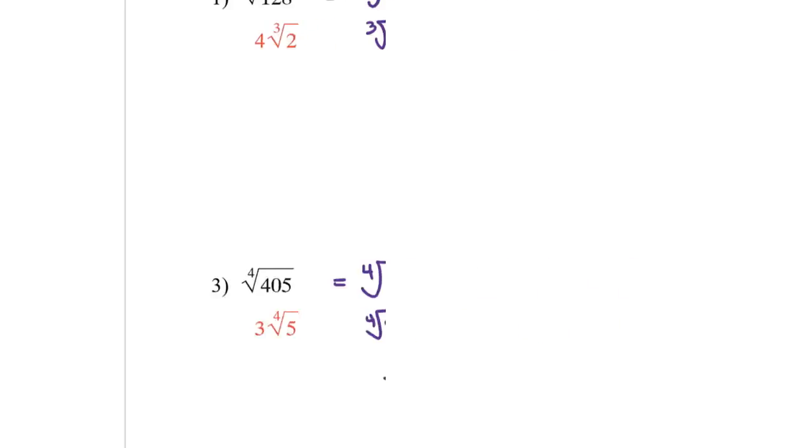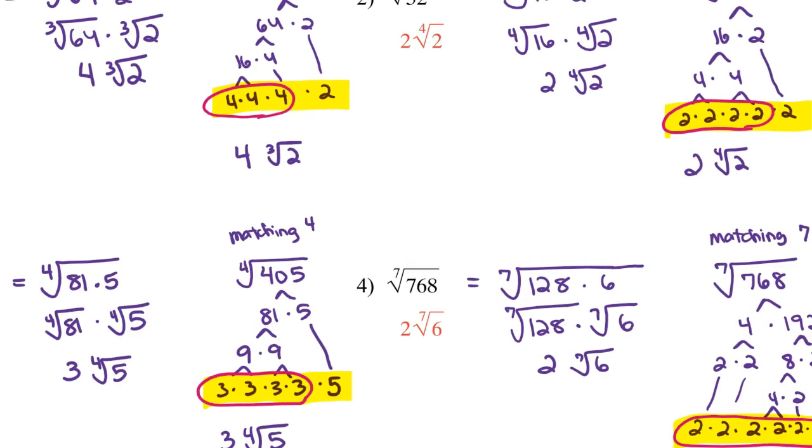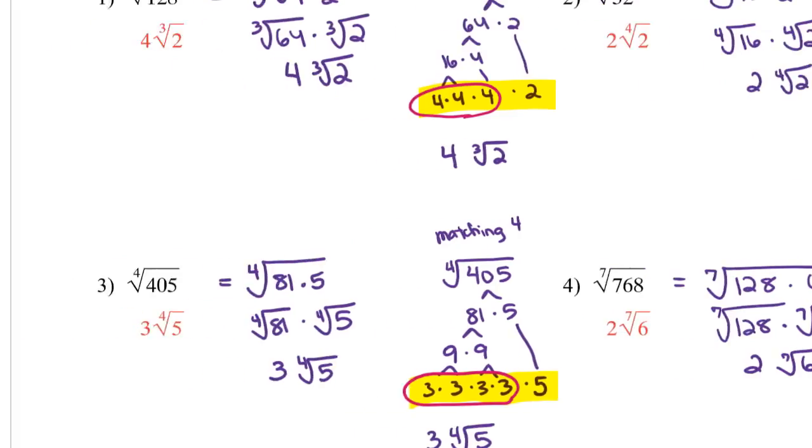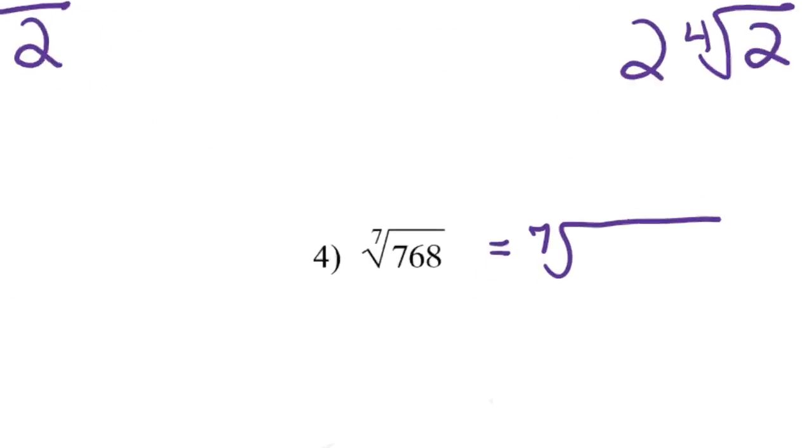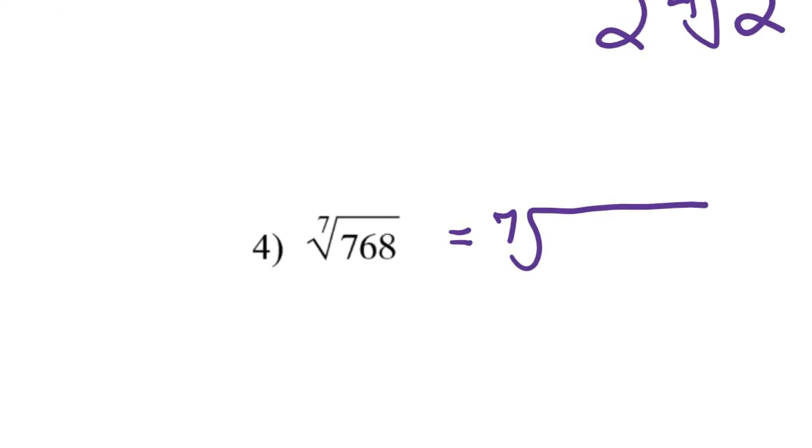I wrote myself a hint for us over here. It's even, so let's start with the 2's. Okay, so take your 2's. Do 2 to the 7th. See what you got.